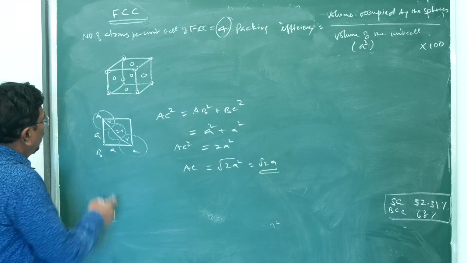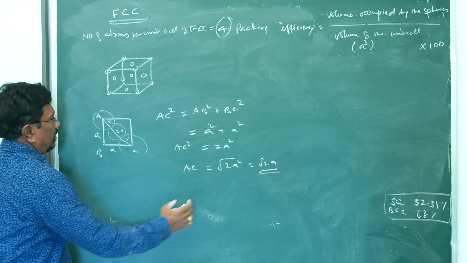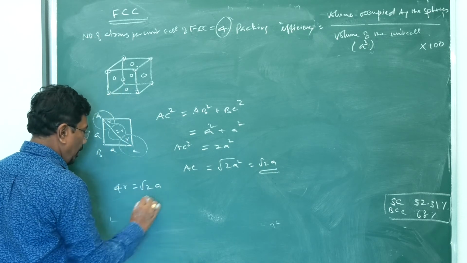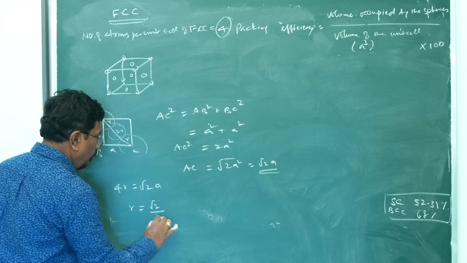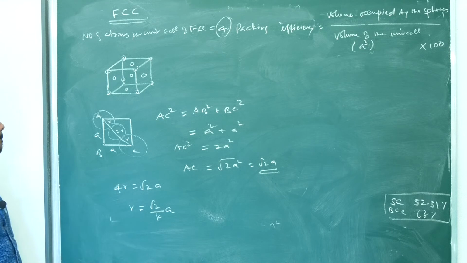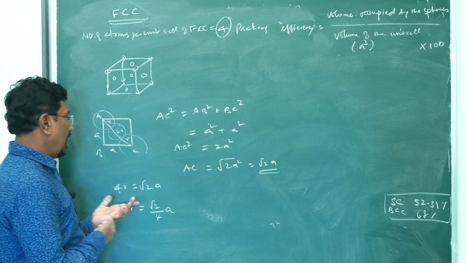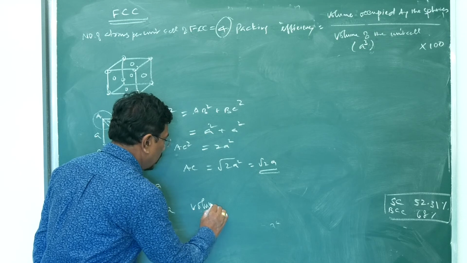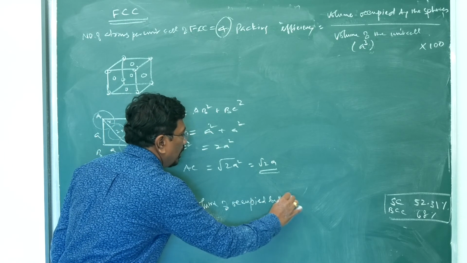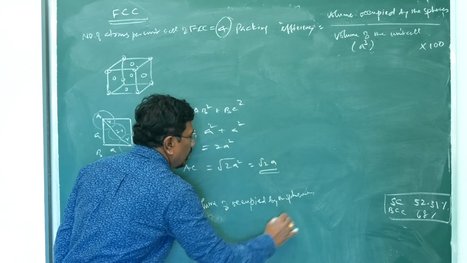Now 4r is equal to this length. So 4r is equal to root 2 a. Therefore r is equal to root 2 by 4 a. We have calculated r. Then directly we can go in for volume occupied by the spheres or atoms. So for volume occupied by the spheres, how many spheres do we have to take into account? 4.